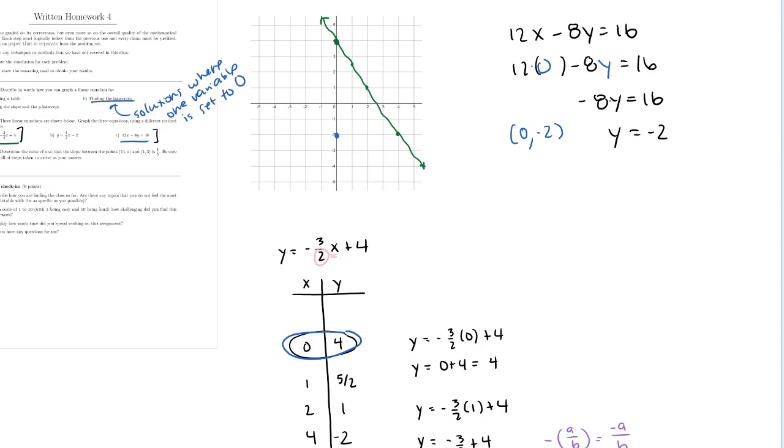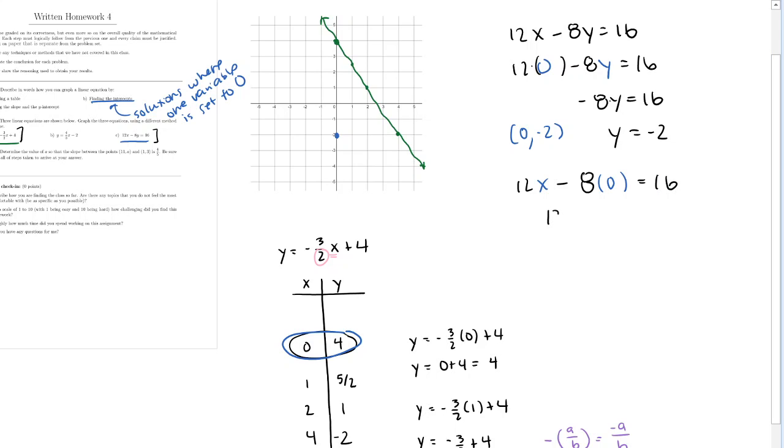And then another solution can be obtained by setting y equal to 0, right? So here we have 12 times x minus 8 times y, but we're trying to find an intercept here. We're setting the one variable equal to 0. So we set y equal to 0, and this is equal to 16.